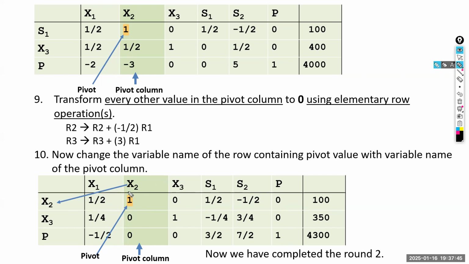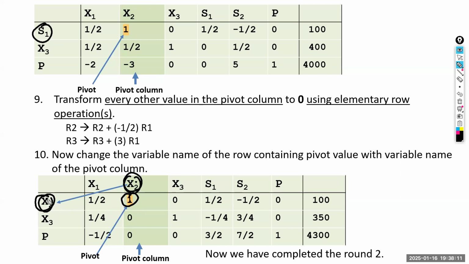Now remember, this is our pivot, because that was the low value we had, right? So therefore, after making this 1 and making these zeros, you replace this variable, which is S1 originally, with this variable, because we are done with second iteration. Once you do the iteration, you need to replace this variable with the relevant slack variable.